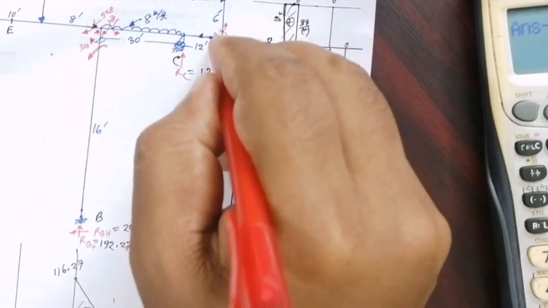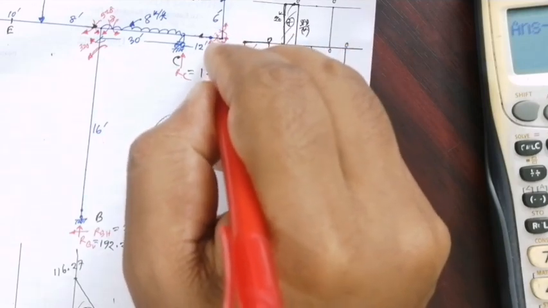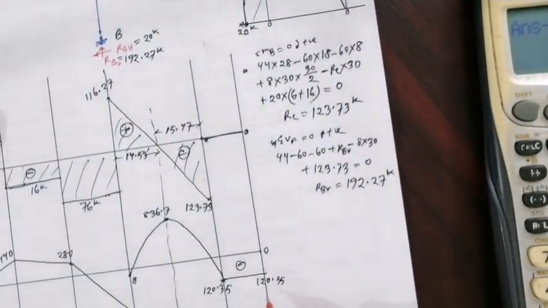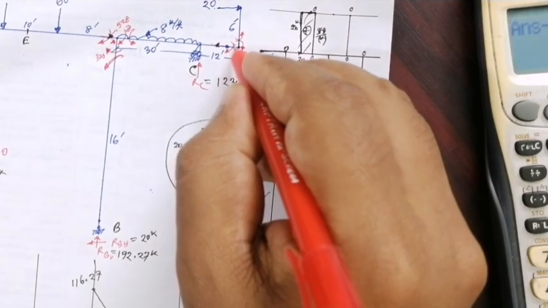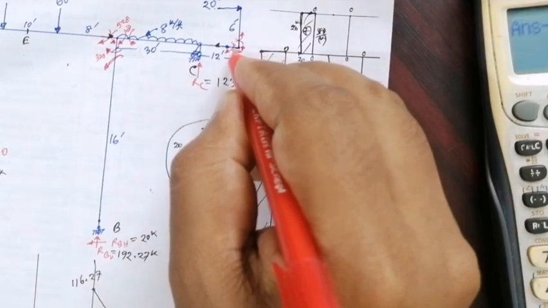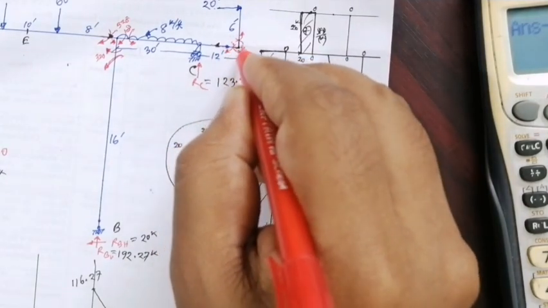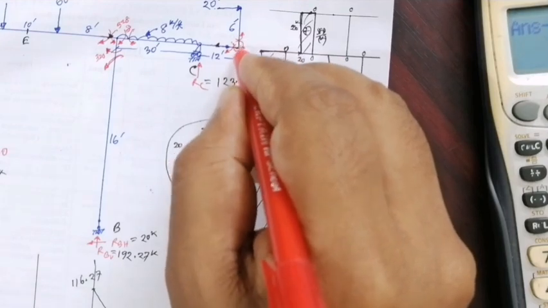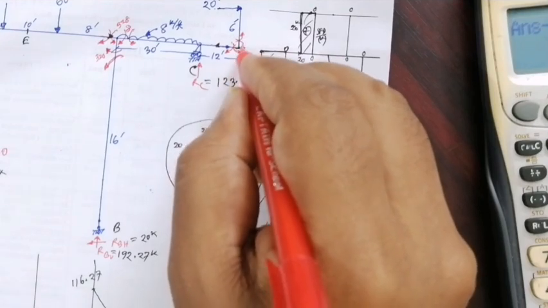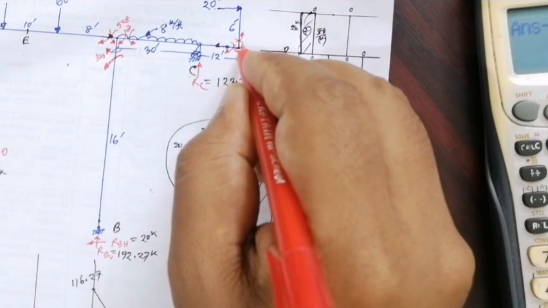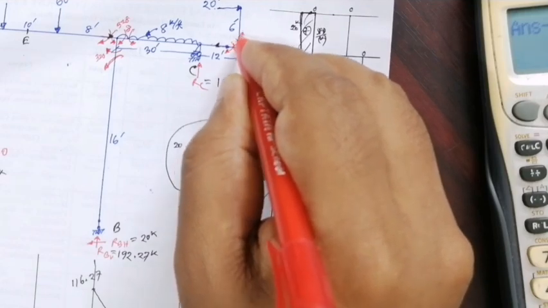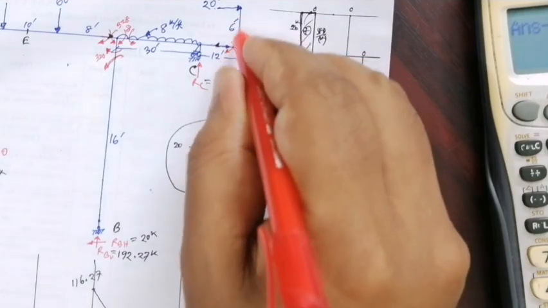So the moment coming from our negative value is balanced by this for this member, and the transmission of this moment to this moment is counterbalanced by this, and this moment is also balanced here for this member.